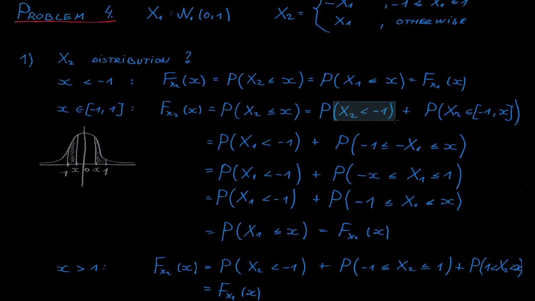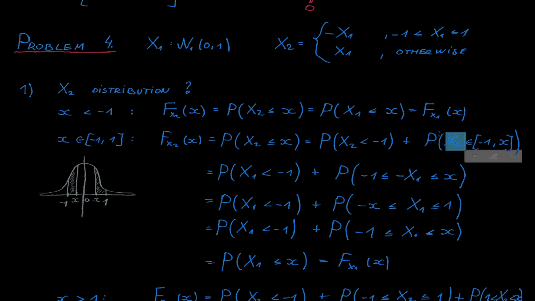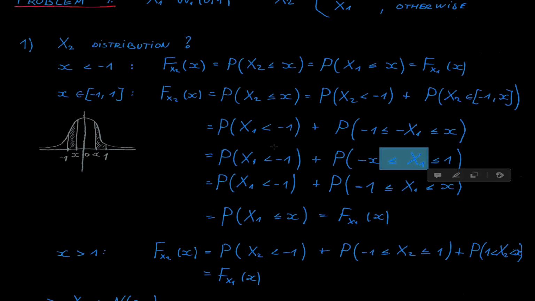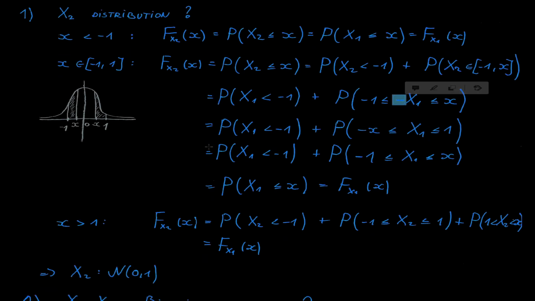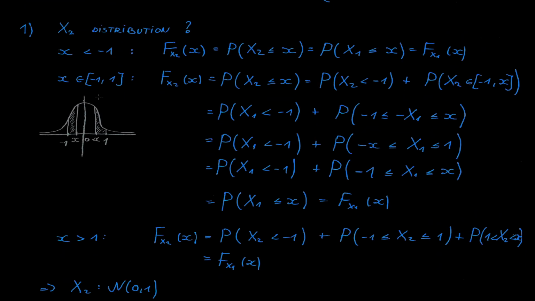As I mentioned, in the first case, by the definition of x2, we can just write x1, and in the second case we substitute with minus x1, because x2 takes values between -1 and x. This equality is just simple algebra because of the minus, and in the end it follows from symmetry, because x1 has a standard normal distribution, which is symmetric.